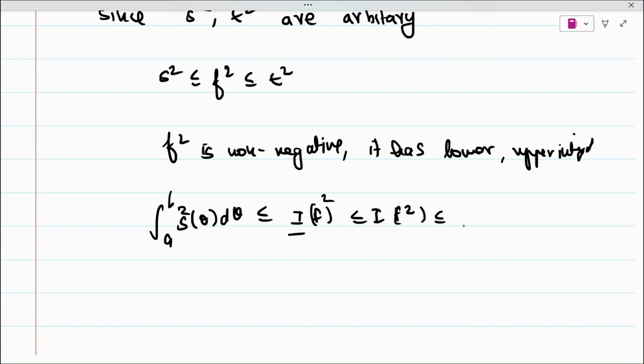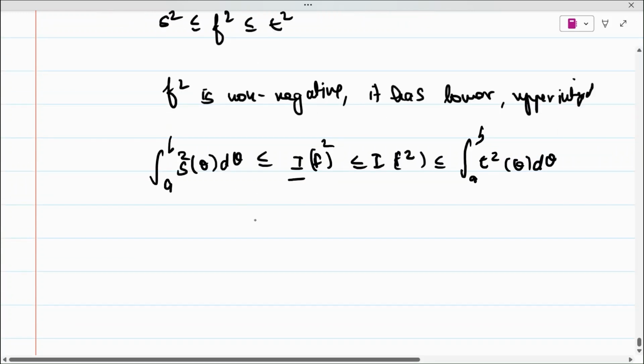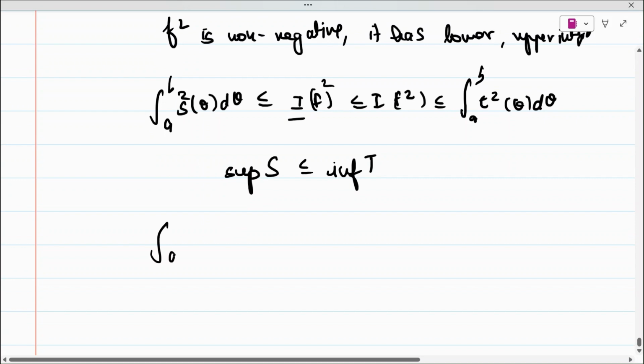We also know s squared is less than t squared. Since f squared is integrable, it is equal to I, the lower and upper bound.